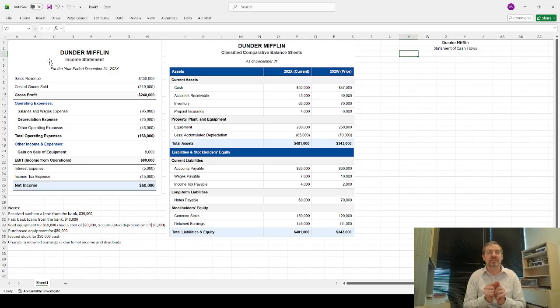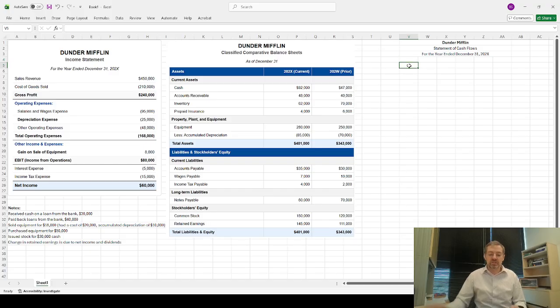So in this one, it's as of December 31st. A statement of cash flows shows the change in cash over a period of time, so it's going to match the terminology from the income statement. So it's going to be for the year ended. It's going to match whatever we had on the income statement.